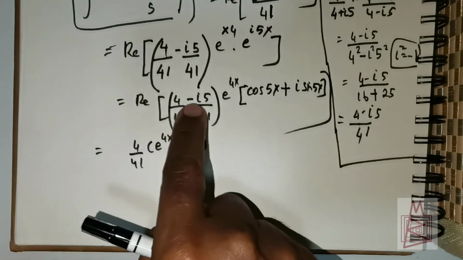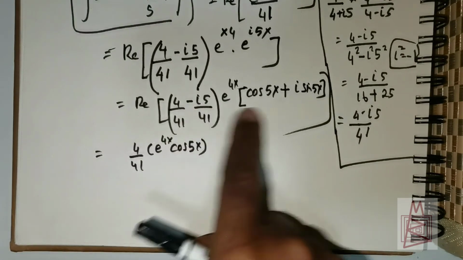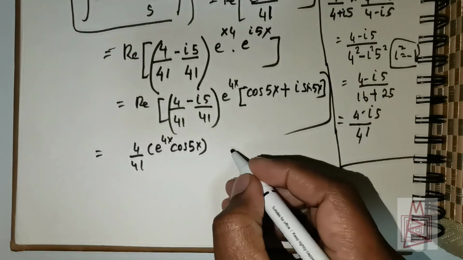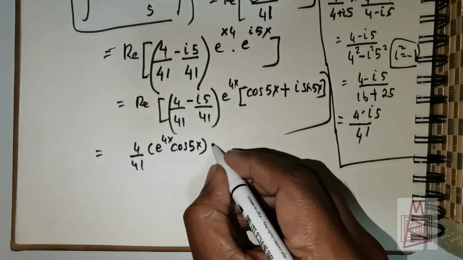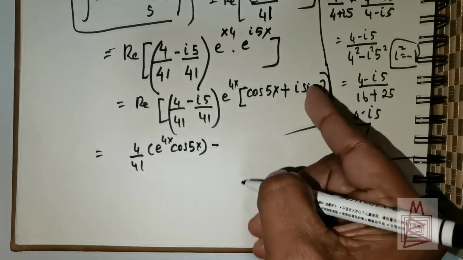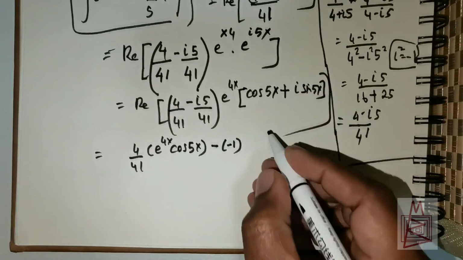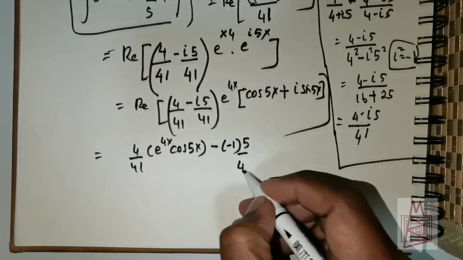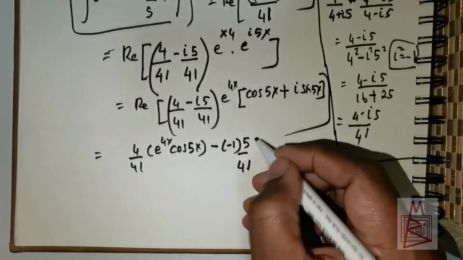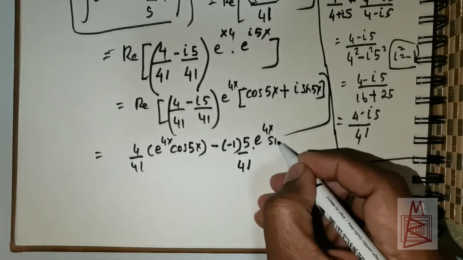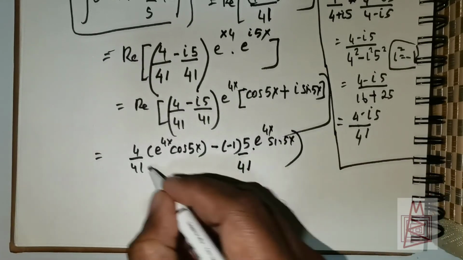But −i5 multiplied with i sin 5x with e^(4x), that would give us a real quantity. So place a negative sign. i² is negative 1. Okay, place that negative 1, and 5/41 along with e^(4x) along with sin 5x. Okay, this is what we've got.